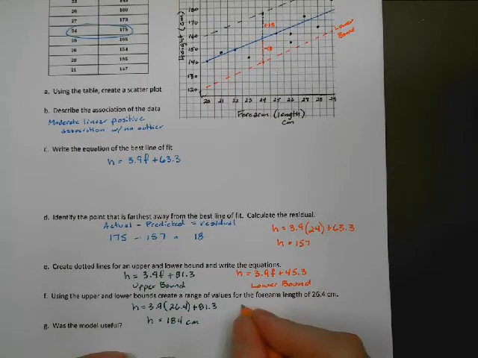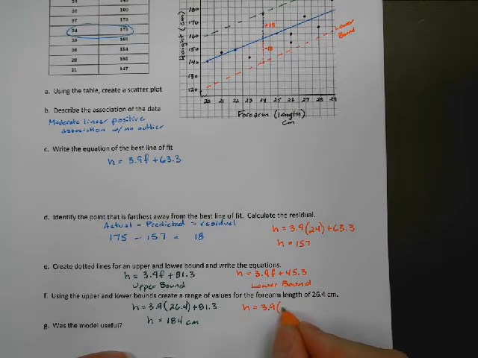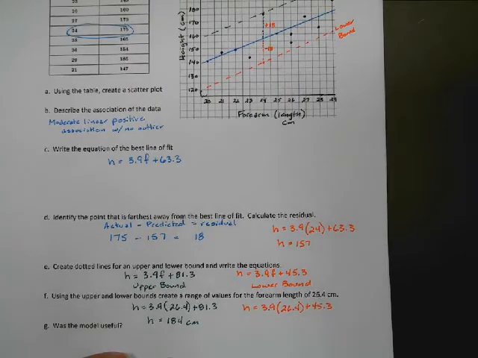Let's see how short we might think he is. So 3.9, and we know that the ulna bone was 26.4, so I'm going to plug that in for the forearm length. And then my lower bound y-intercept was 45.3. I know this is boring, just listening to me type stuff in. I should have probably paused, but I didn't.